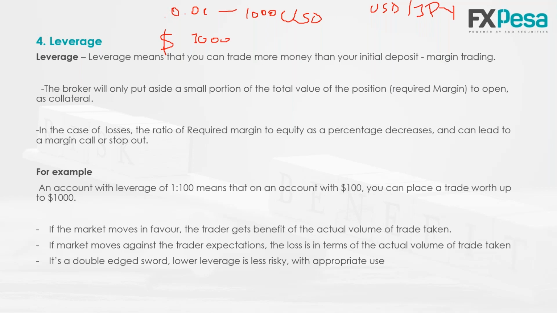So in this case, when you're trading with the smallest lot size, which is a micro lot at 0.01, it means if you have a 0.01 position with the USD JPY, for example, if you have a leverage of 1:400, just the normal default that we give you at Fxpesa, it means that you're required to have only 0.25% of this $1,000 for you to place that trade.